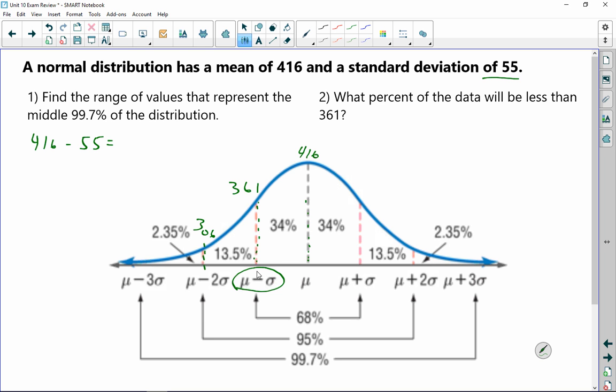There is. It's right here. Even though you can't see it, your curve approaches the x-axis. My values get smaller and smaller. So this portion out here accounts for how much percent? 0.2%. You might want to write that in there, because you're going to have to use it to figure your other percentages.